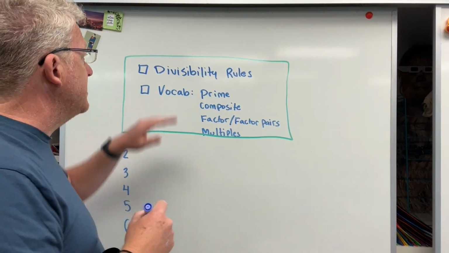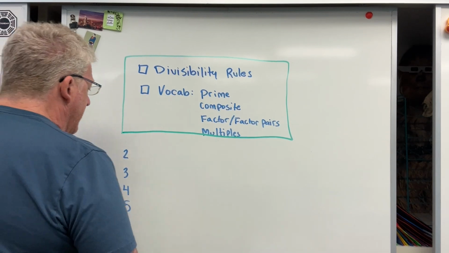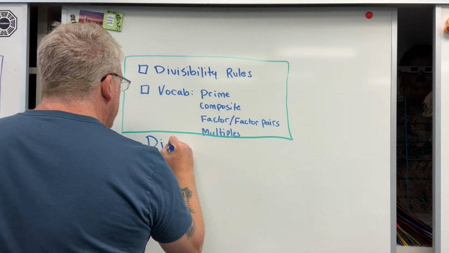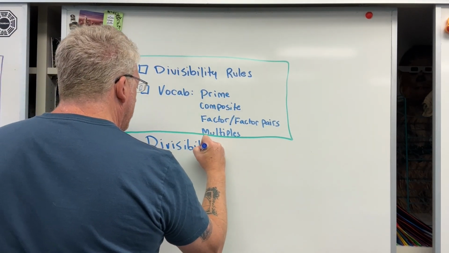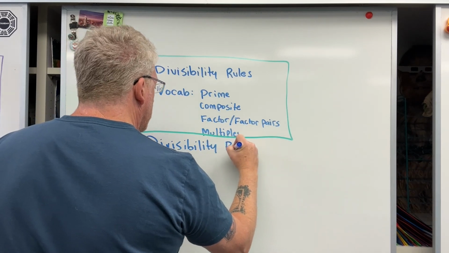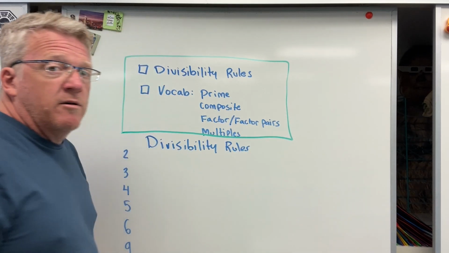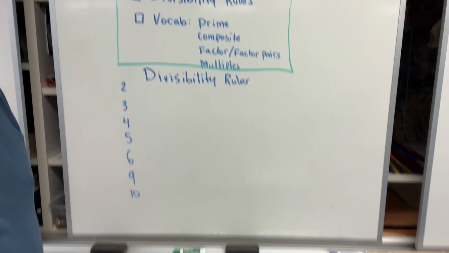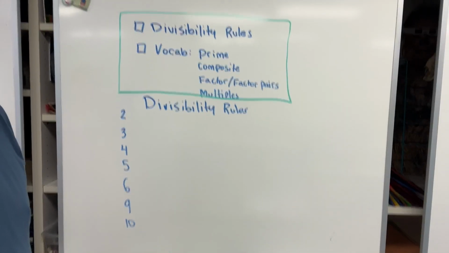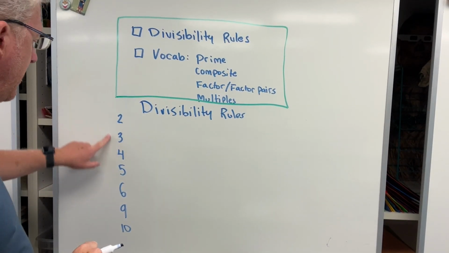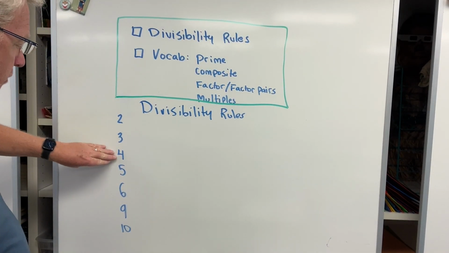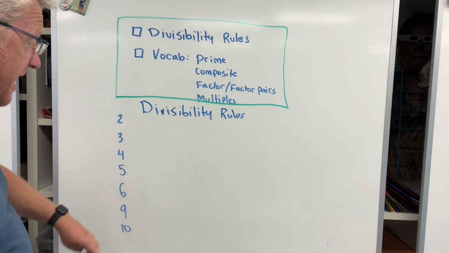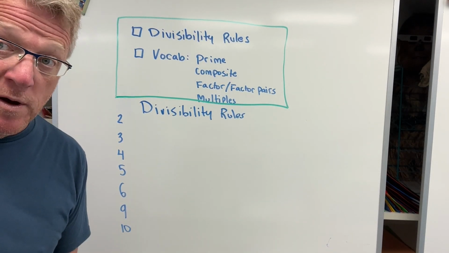The first thing that's on there is about the divisibility rules. These are those rules that you know a number is divisible by 2. We have rules for 2, 3, 4, 5, 6, 9, and 10. I mean, everything is divisible by 1, right?